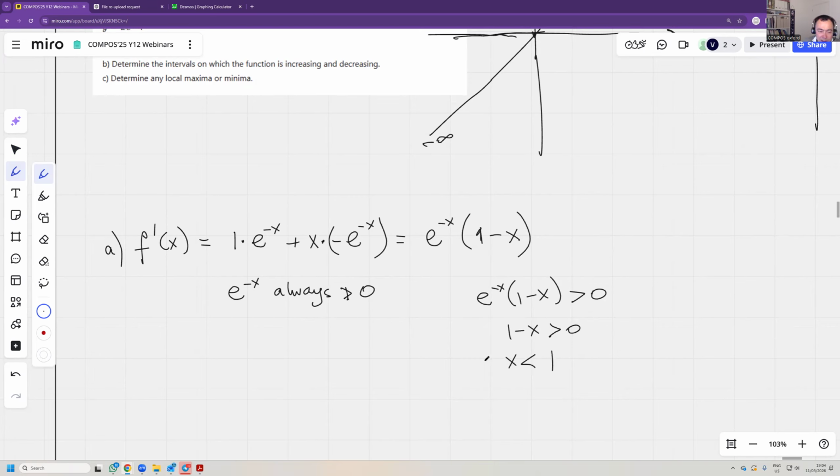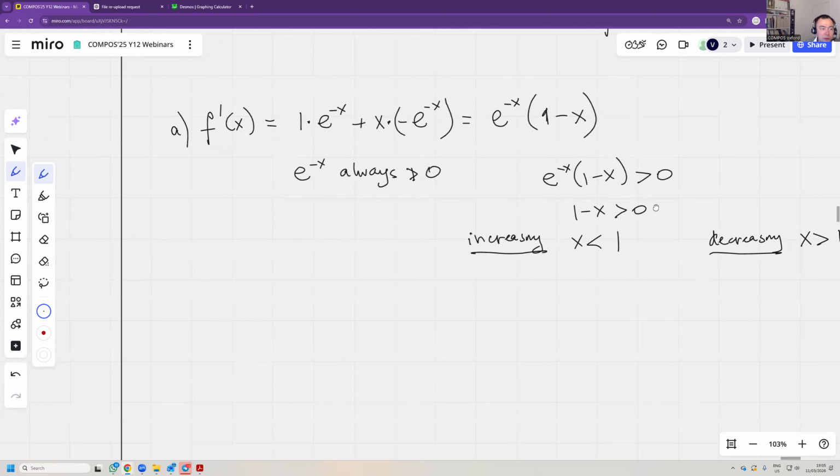So increasing when x is less than 1, stationary when x is equal to 1, and then decreasing when x is greater than 1. Right?